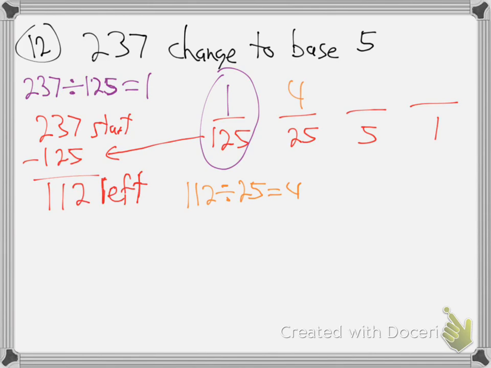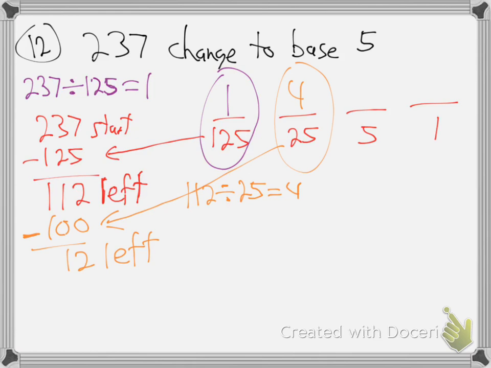So we know that's 4 quarters. And 4 quarters is $1. As you know, it's 100 cents. Subtract. 12 left, which we're going to do with nickels and pennies.